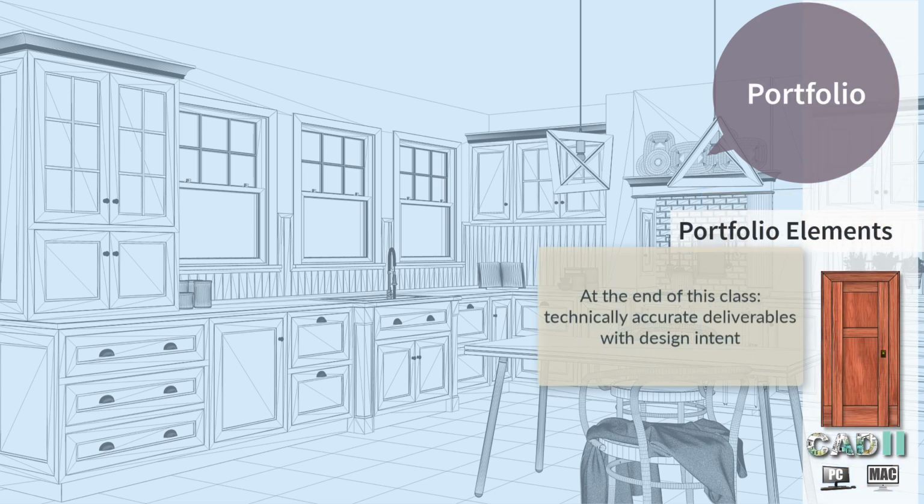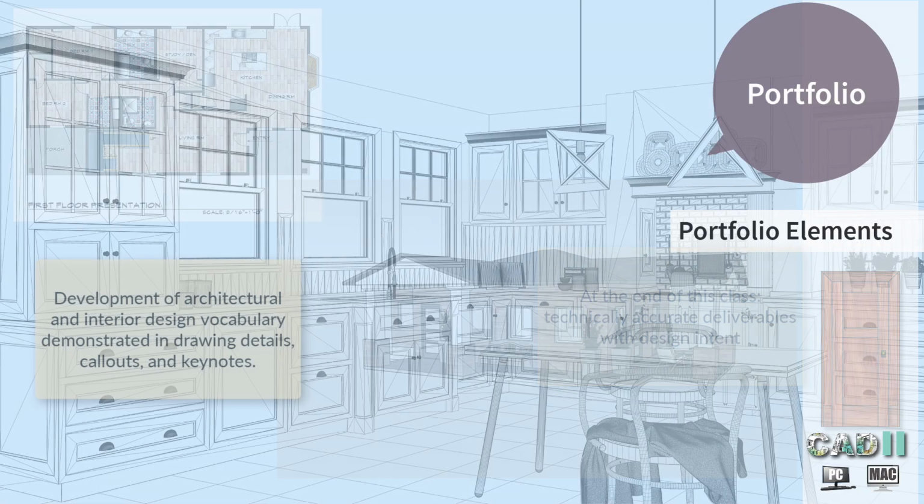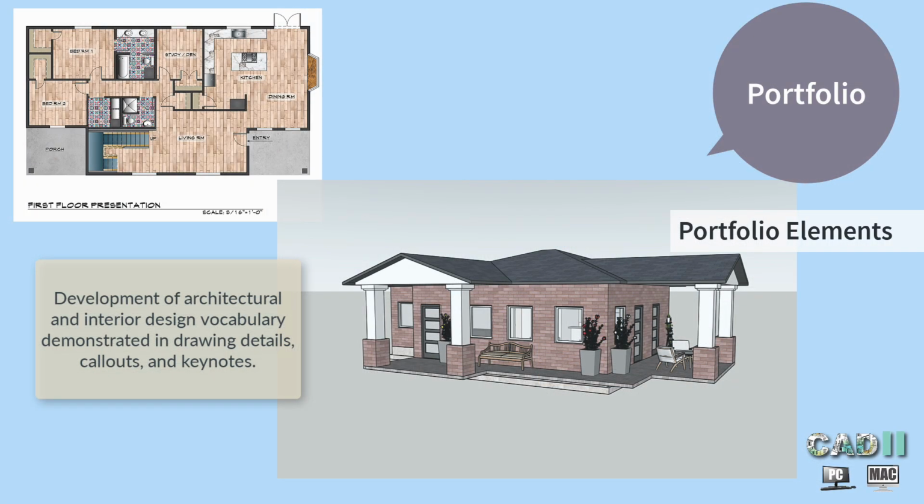Upon completion of this class, you will have created a portfolio-friendly set of deliverables that demonstrates technical accuracy and design intent. You will have expanded your design vocabulary of related terms to your profession through the drawing details and callouts.